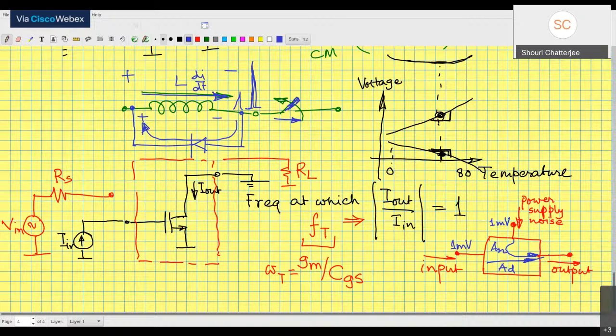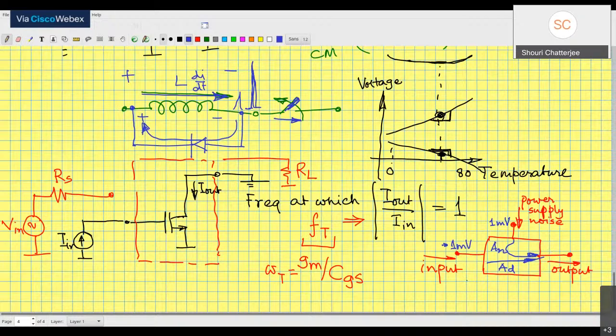If you think of signal to noise ratio, for example, what is the minimum signal at which you will overcome the noise? Okay. So in a similar fashion, what is the minimum input at which at the output I will have more signal than noise? That is the question, right?